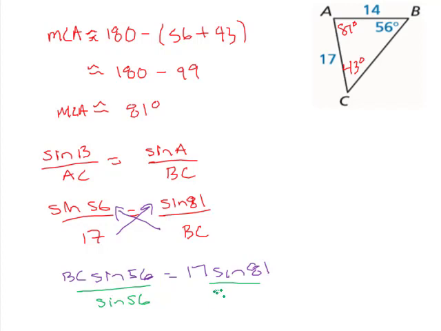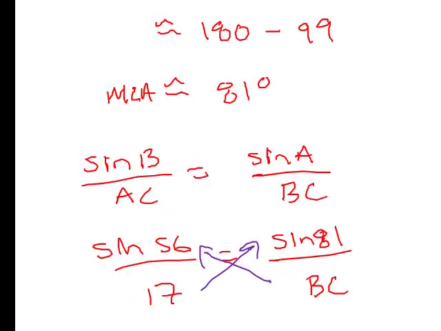And that leaves me with BC, since this cancels, is approximately, and then we're going to substitute this into our decimal calculator.